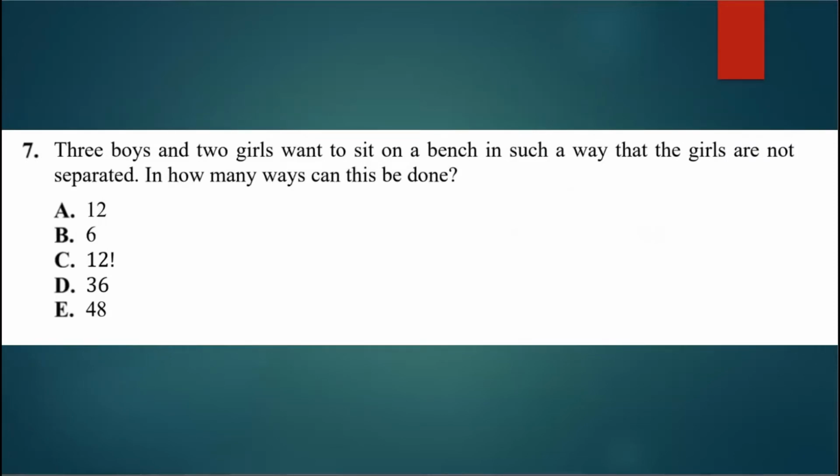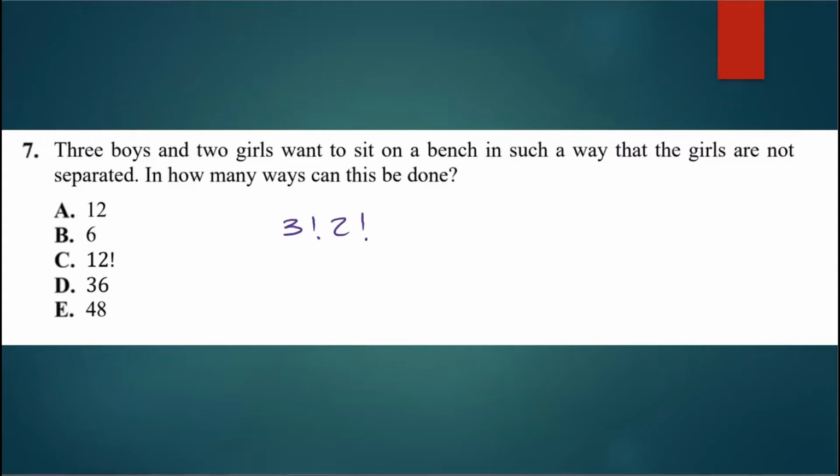3 boys and 2 girls want to sit on a bench in such a way that the girls are not separated. In how many ways can this be done? So for the boys to sit, it's 3 factorial. For the girls to sit, it's 2 factorial.